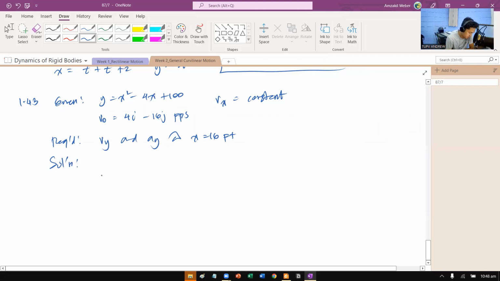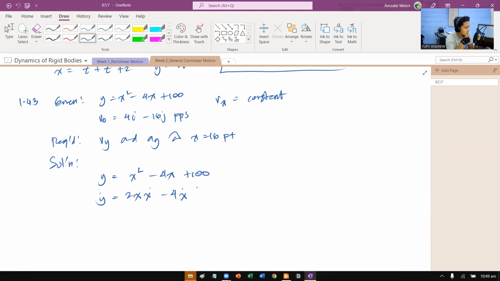Let's try. y equals x squared minus 4x plus 100. Let's differentiate it with respect to time. So this would be y dot equals 2x x dot minus 4 x dot, correct? The derivative of y is y dot, then 2x dx/dt, that is x dot, minus 4 dx/dt, that is x dot, and 100 is 0.